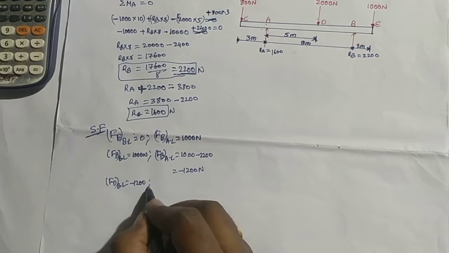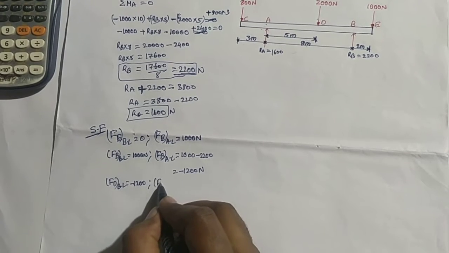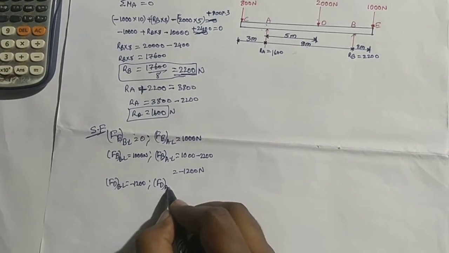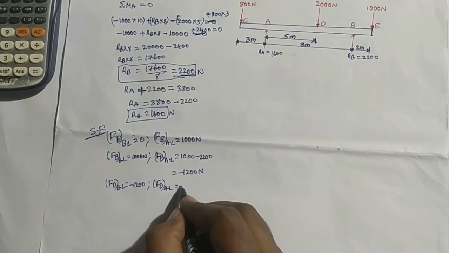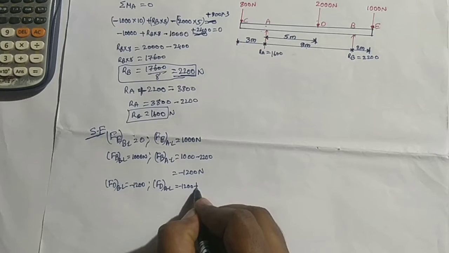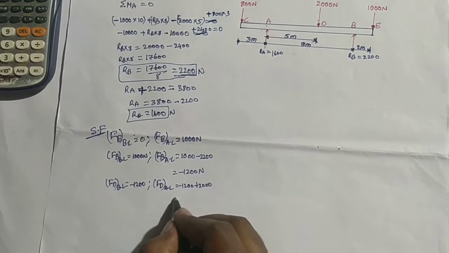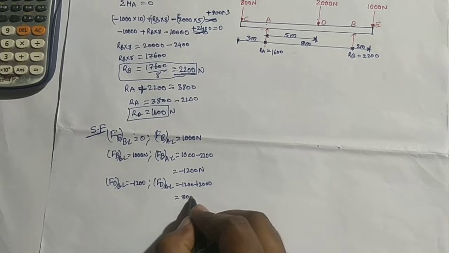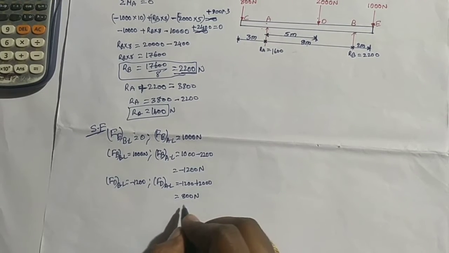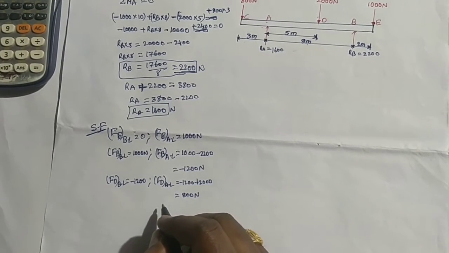Okay, you can calculate, no problem. Shear force at point D after considering the force at point D: minus 1200 plus 2000 equals 800 newtons is the shear force at point D.